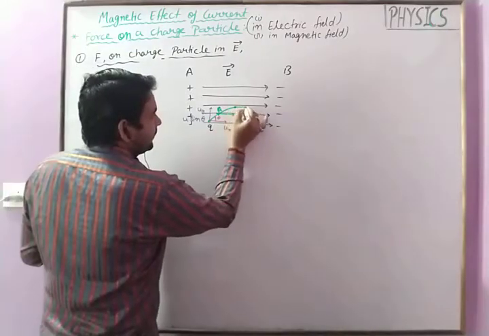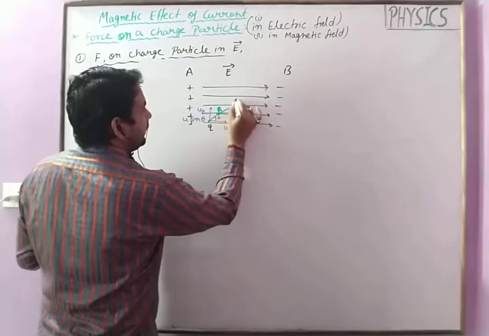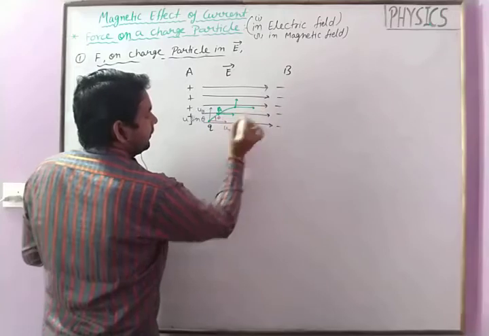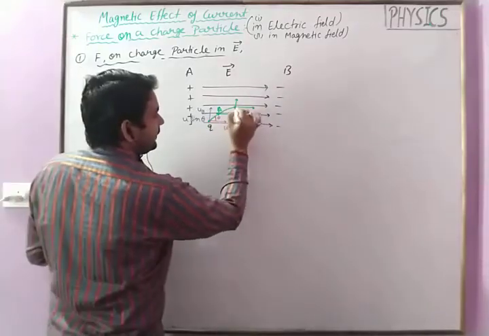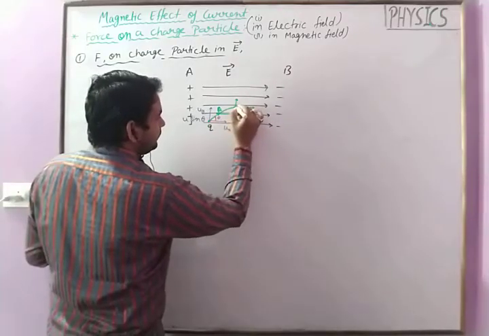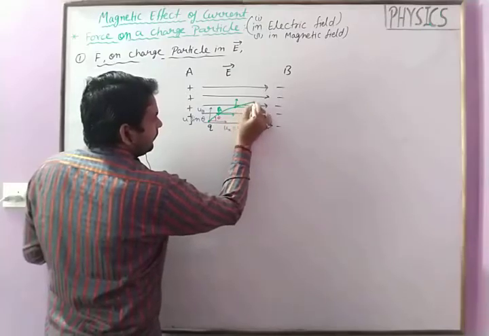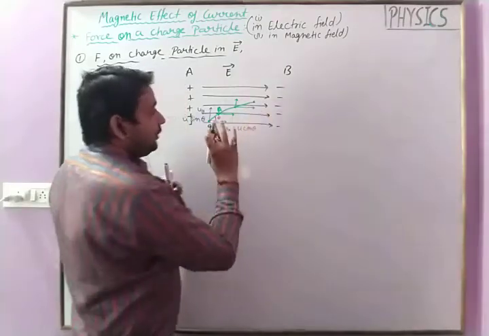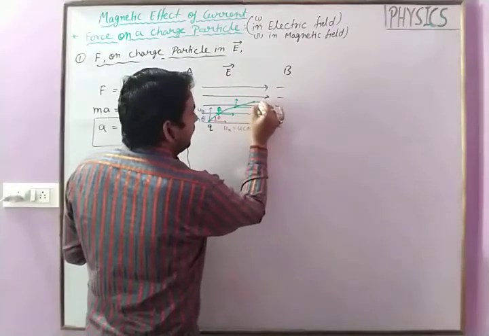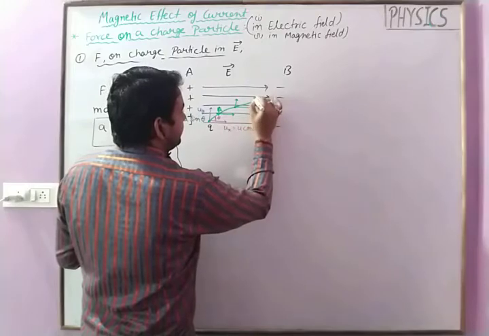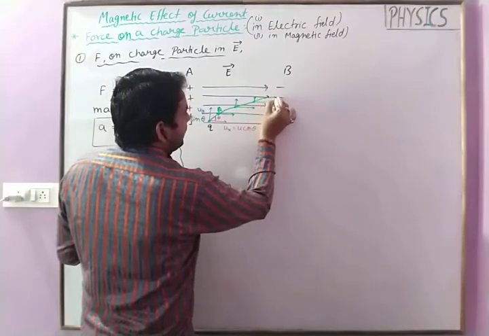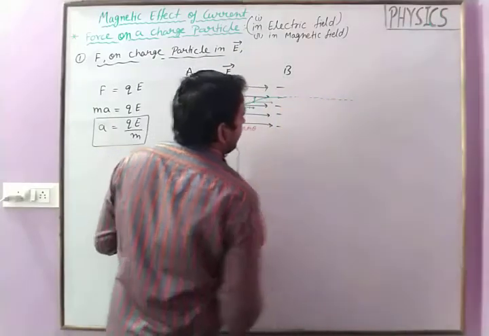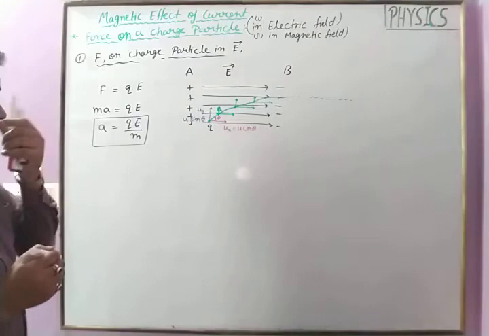At this point, horizontal and vertical, we observe that the particle is accelerated in the direction of the electric field, and as we move further the motion of the particle is nearly parallel to the field.